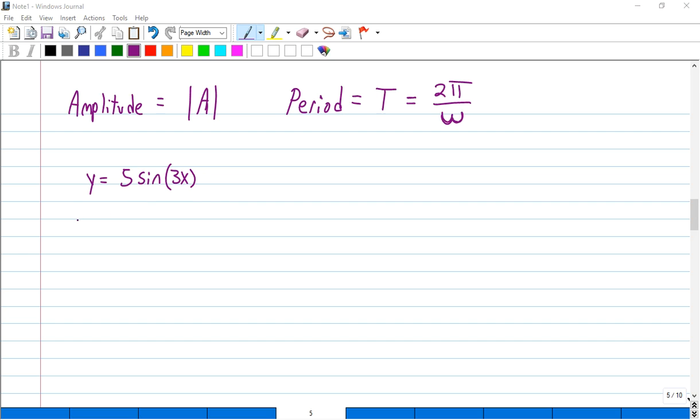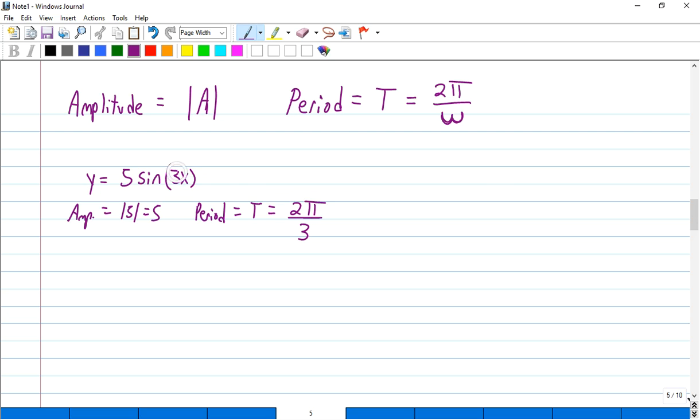All right, so amplitude would be the amplitude. I'll use an abbreviation, AMP. Amplitude is going to be the absolute value of 5, which equals 5. The period is going to equal, that's the variable T, 2 pi divided by 3.